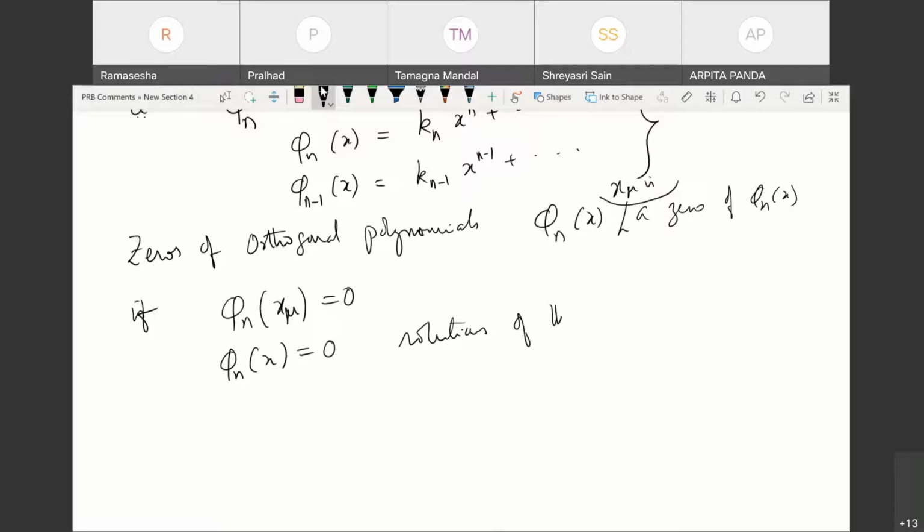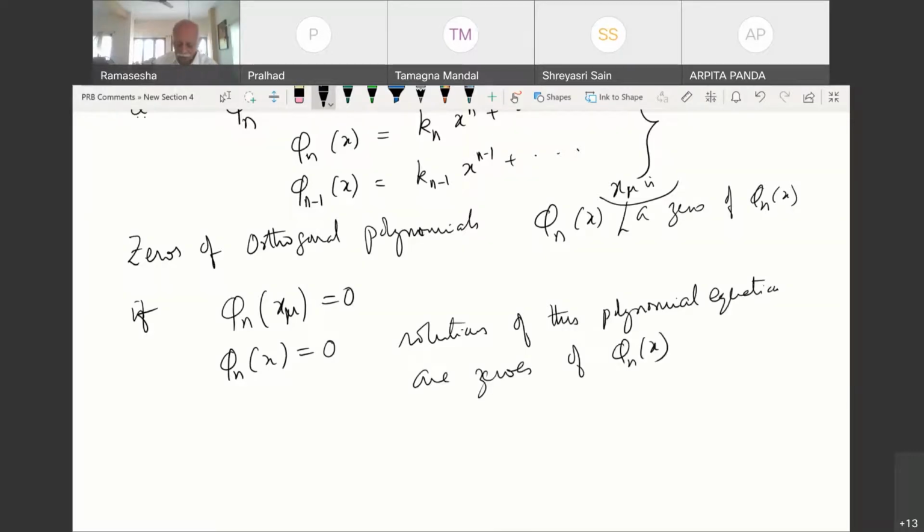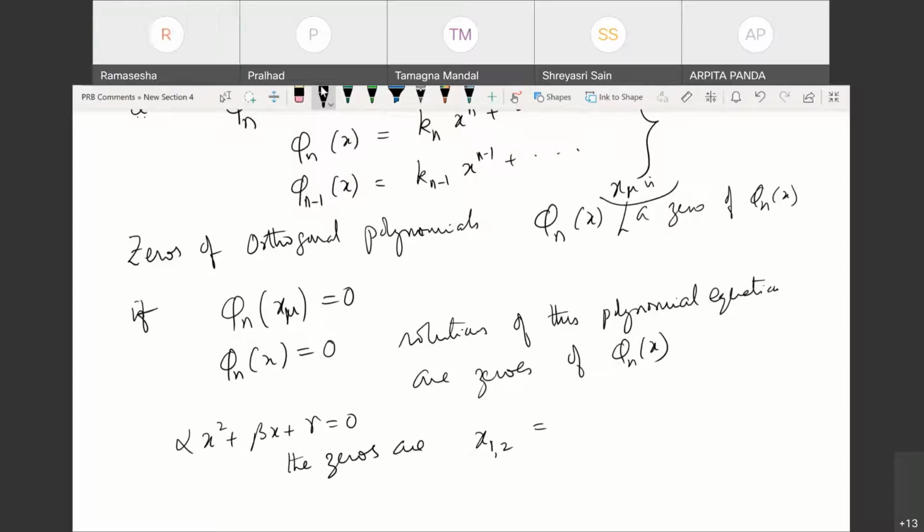are zeros of phi n. Okay, so for example, if I give you a second degree polynomial, like alpha x squared plus beta x plus gamma equal to 0, then the zeros x1, x2 are equal to minus beta plus or minus the square root of beta squared minus 4 alpha gamma, over 2 alpha.